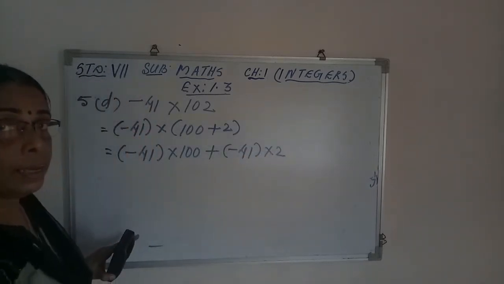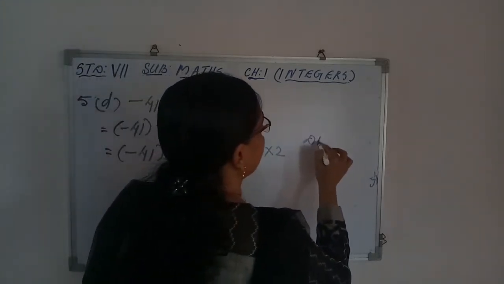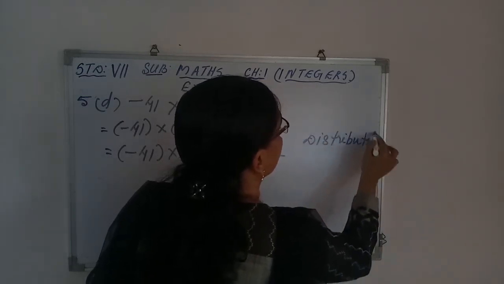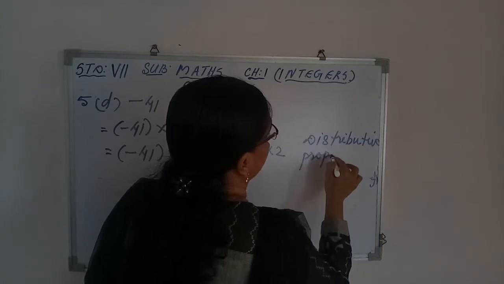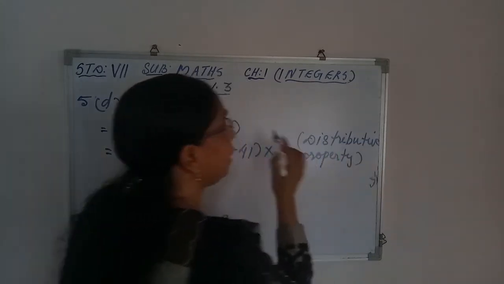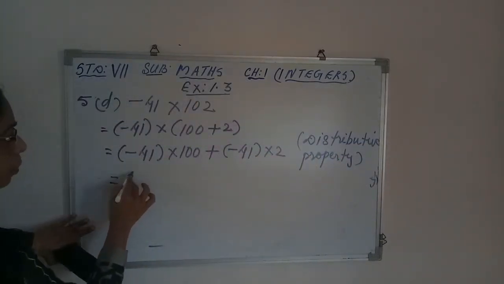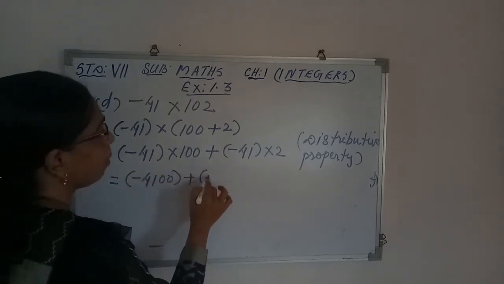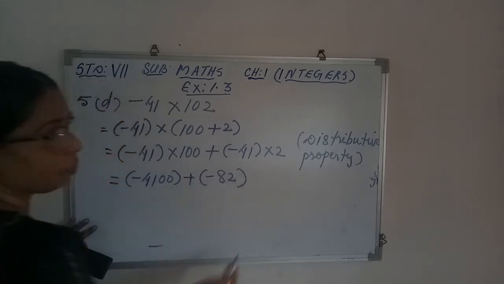Which property? Distributive property. Similar type of questions. That's equal to minus 4100 plus minus 82.